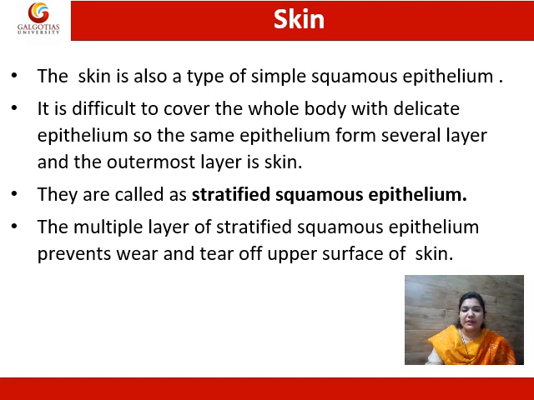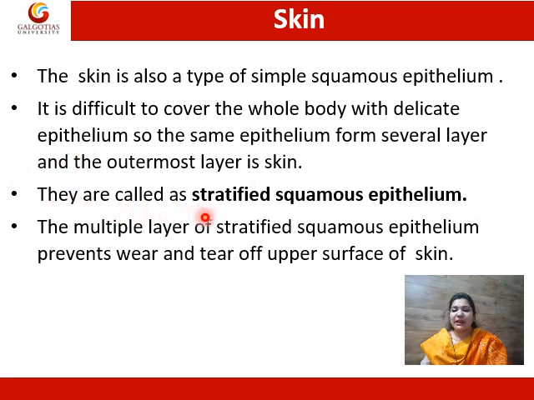The simple squamous epithelium also lies on the skin. Skin is also this type of epithelium, but it is difficult to cover the whole body with such a delicate type of epithelium. So the same epithelium forms several layers of the outermost layer of skin. The layer by layer arrangement of the squamous epithelium is called the stratified squamous epithelium.